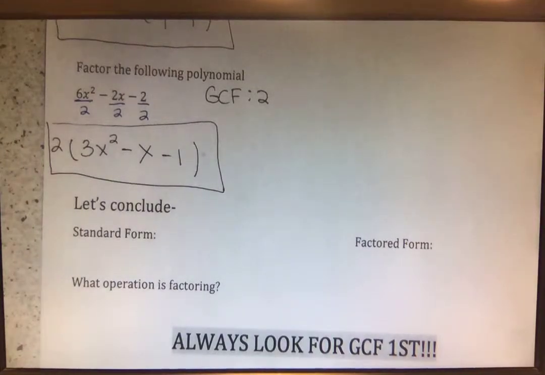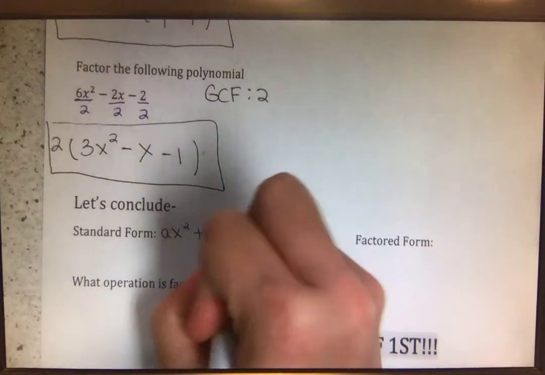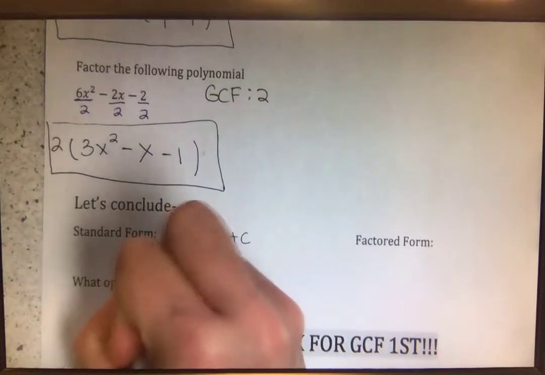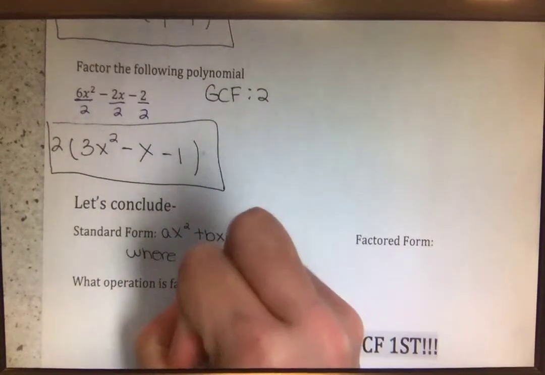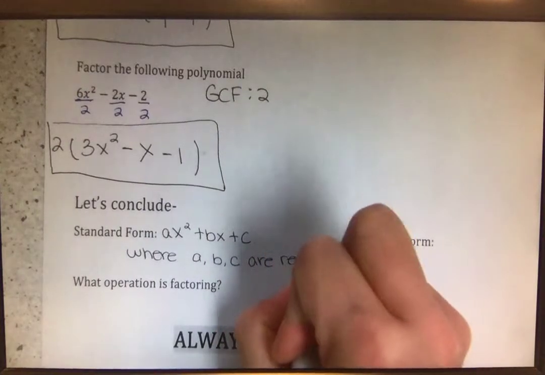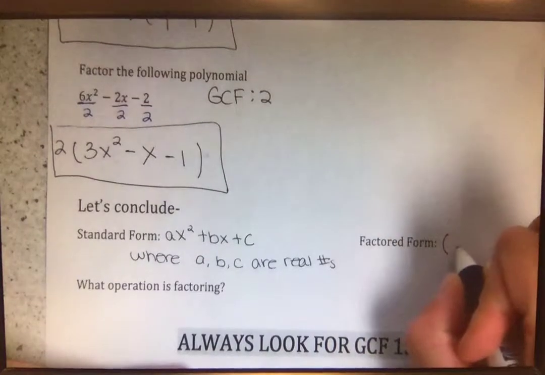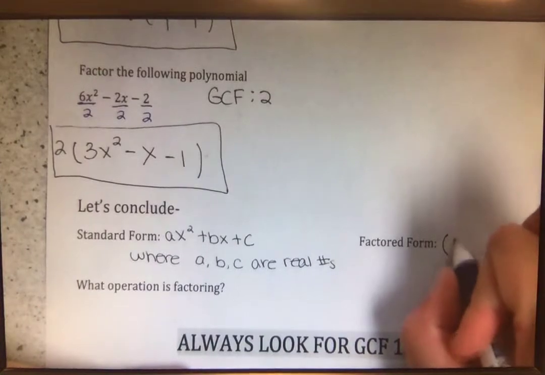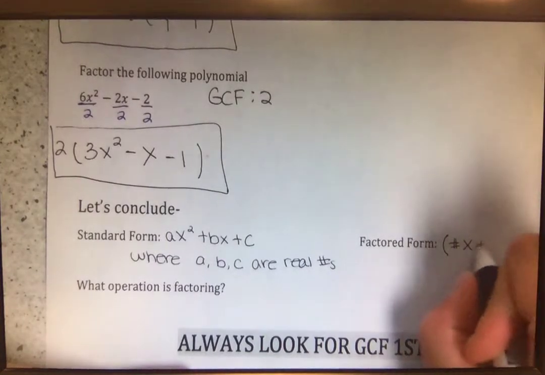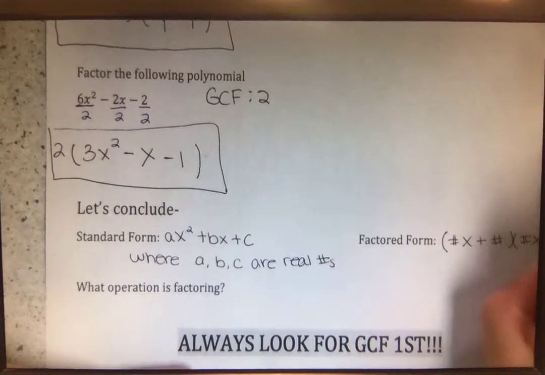So bringing it all together, let's conclude. So standard form is going to be our ax squared plus bx plus c, where a, b, and c are real numbers. So just in general, just multiply it all out. Our factored form, we're going to have some number times x plus another number times some number times x plus another number.